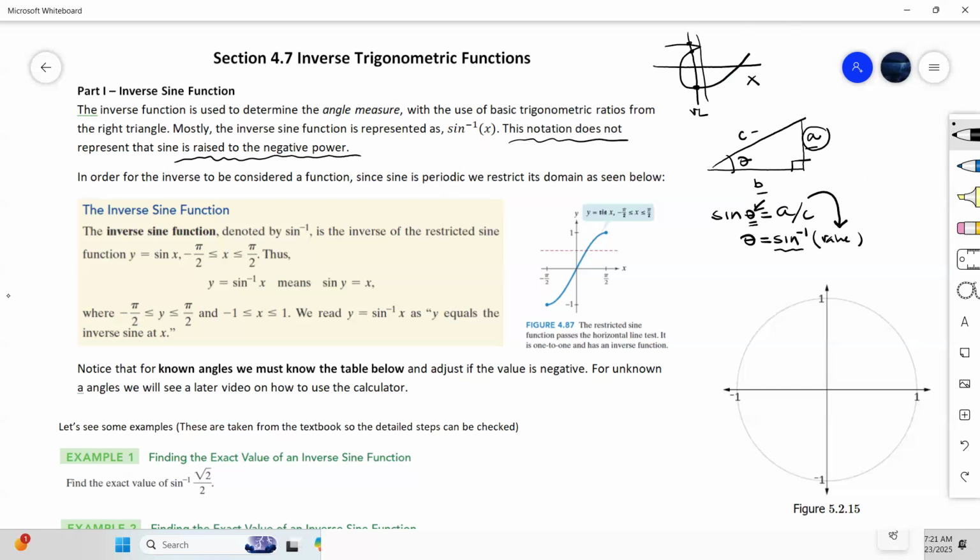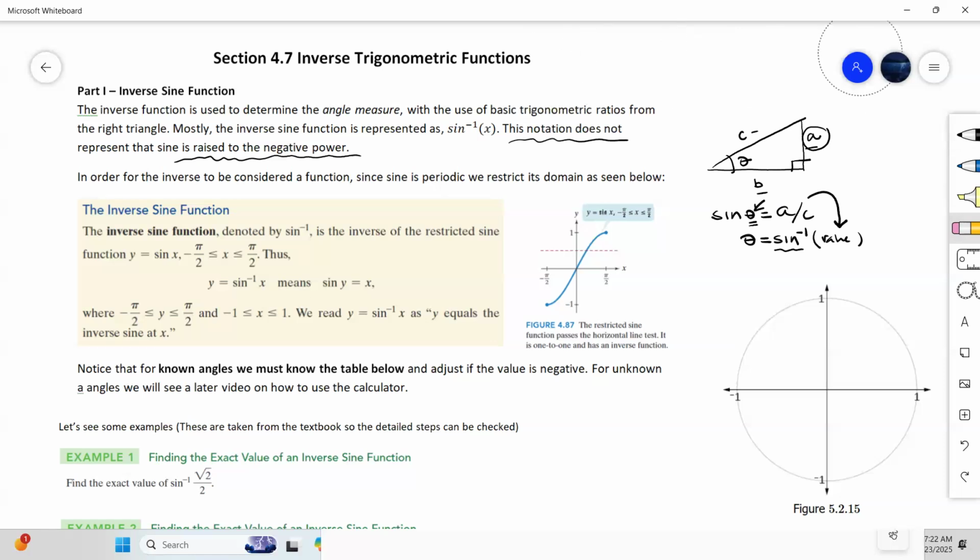Now, the problem with trigonometric functions is that they are what we call periodic. So here is the sine, for example. Sine will look like this. And so we may have a problem with this because it's going to repeat. So we can't have that.